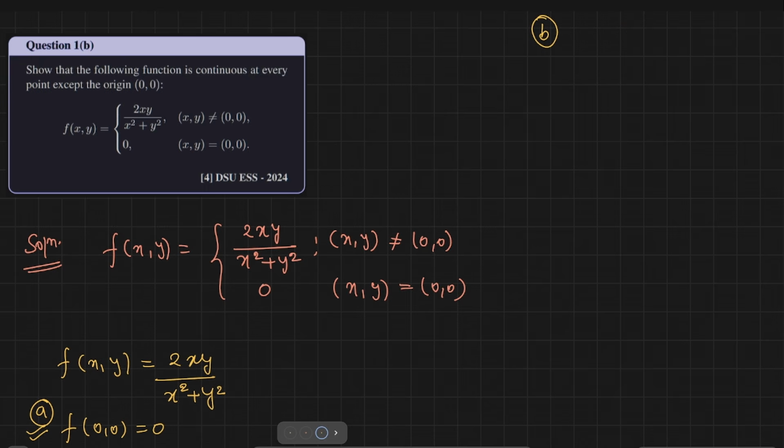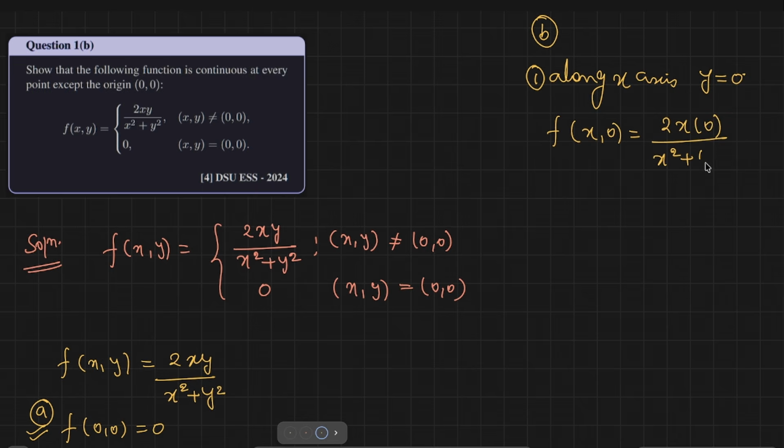Or you can start like this, along the x-axis, which means y equals 0. So from here you get f of x comma 0, which is 2 into x into 0 upon x square plus 0 square. So from here you will get 0.